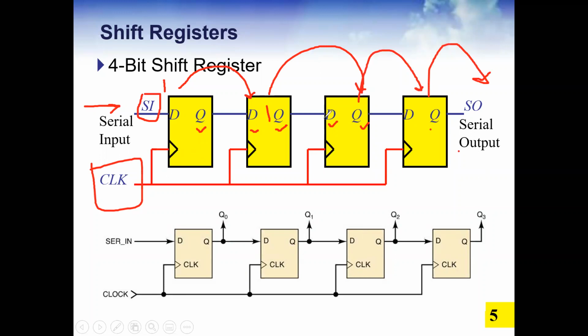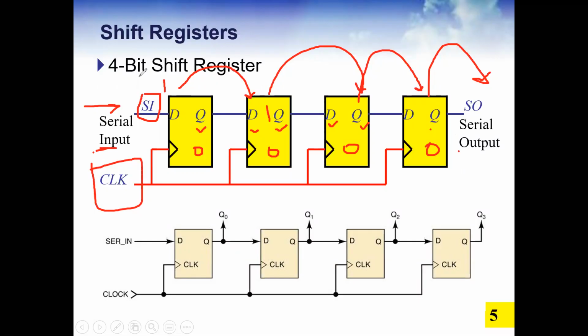If I say the initial values of all flip-flops are 0 0 0, then with every clock, the data you provide here as input will shift to the next flip-flop. That's why it is called a shift register.